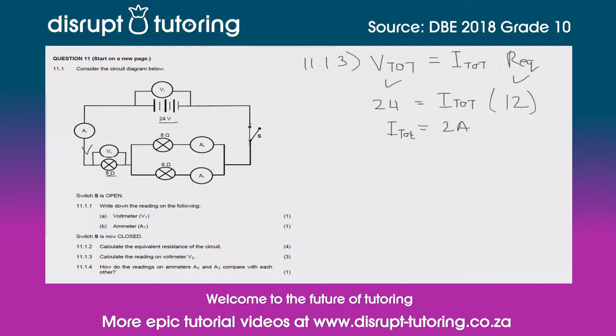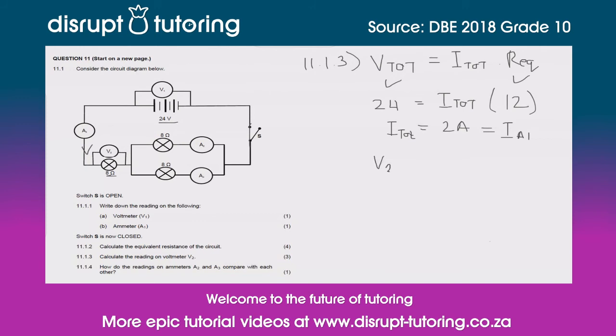Now, as I said, the total current is also the current in A1, because that is the total current. Current only splits if it's in a parallel circuit. So it hasn't split yet, so that is our total current. So now we can go ahead and work out the voltage in V2. We know what the resistance is as well.